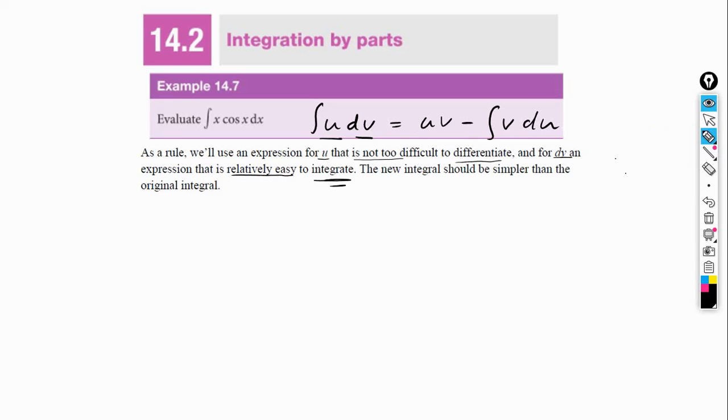So in this case, either one is easy, but let's just choose x as u, and then we can use cosine of x dx as derivative of v. So u would be x, and then derivative of v, we can say is cosine of x dx.